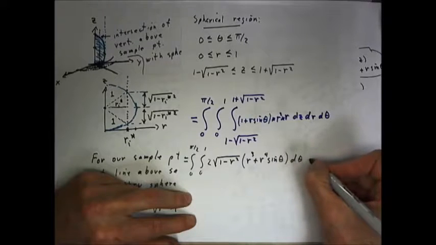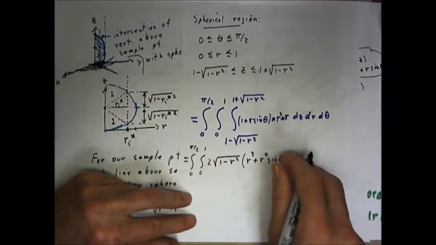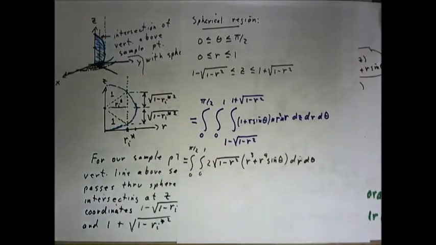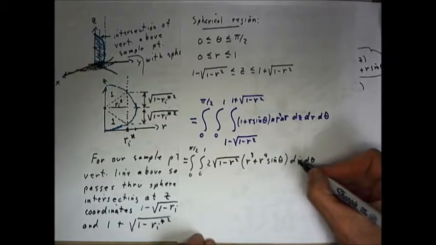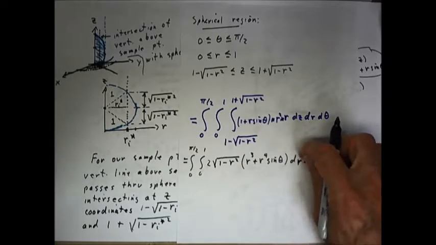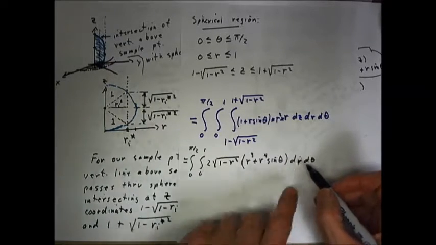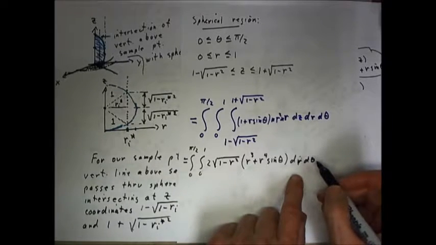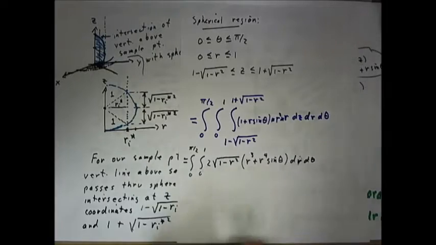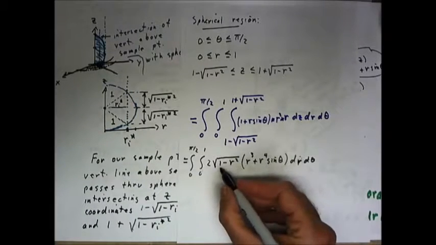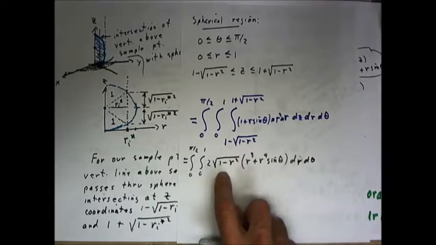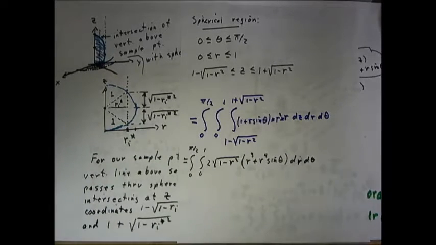And that's going to be with respect to r, and then with respect to theta. Let me fix that. Okay, it's not all that well fixed. That's not the nicest looking r I've ever written, and I didn't completely mask my mistake from before. However, we're going to end up with this integral, meaning that we're going to have to integrate r cubed times the square root of 1 minus r squared, and then r to the 4th times the square root of 1 minus r squared.